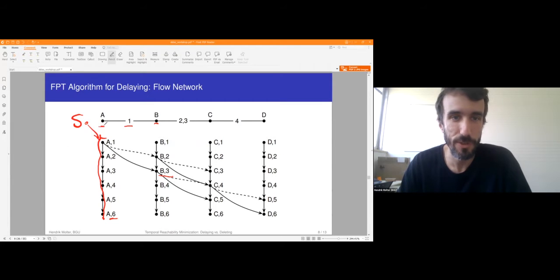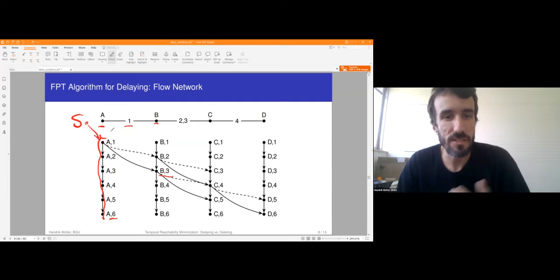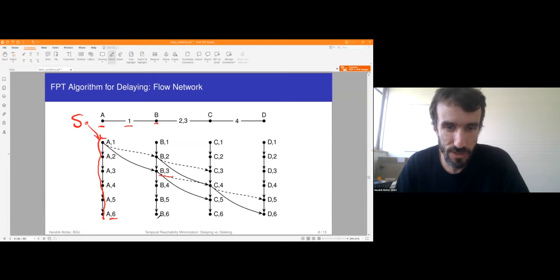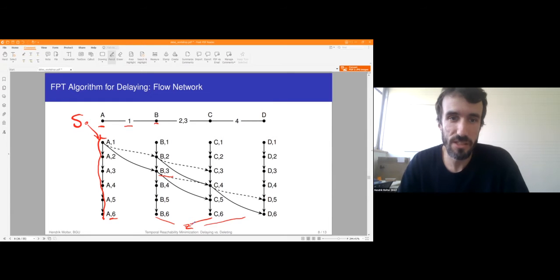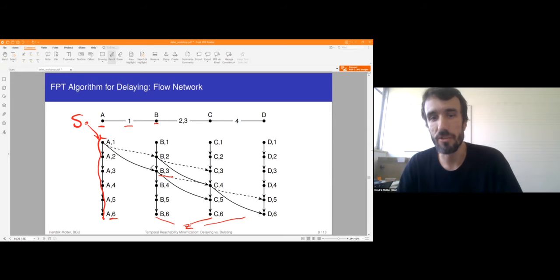So let's assume the outbreak occurs at vertex A. And if now our reachable set, let's say in the beginning it's only A, we want to check whether we can isolate A, then we would go from all these 3 vertices here to a sink, let's call it Z. And then we would try to figure out whether the maximum flow from S to Z is at most K. And if it's at most K, this implies that the flow uses these dashed edges here, and it cannot use the solid edges with infinity capacity.